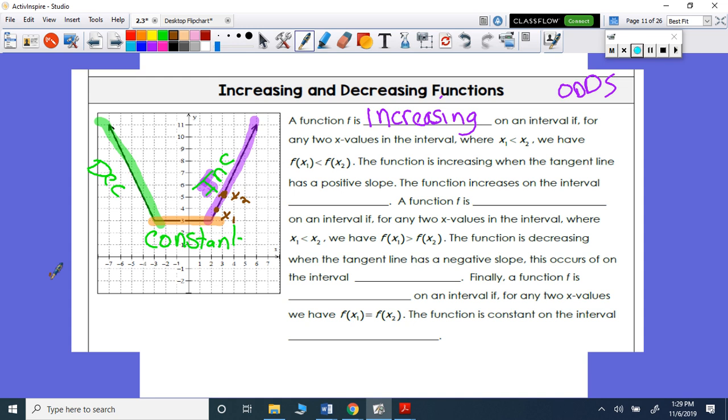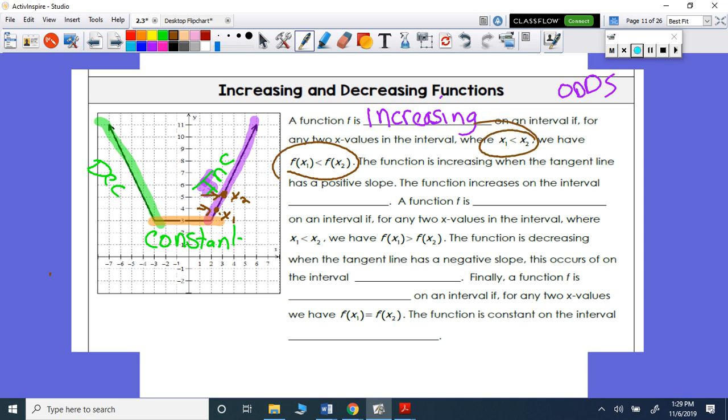Like this x would be maybe 2.2, this x would be around 3. So that's why it's increasing, when the first x is smaller than the second x. And if I plug those x's in, this y value, so this y would be like 4, would be smaller than that value. Technically, that's why it's increasing.